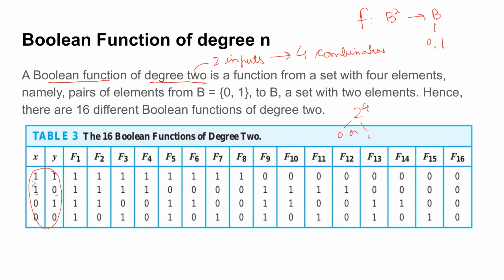Using the simple counting principle, the total possible functions are 2 to the power 4. You can see all of them listed here. Sometimes all of the terms can be 1, sometimes one of them is missing. If you count all possible combinations, the total is 16, right?